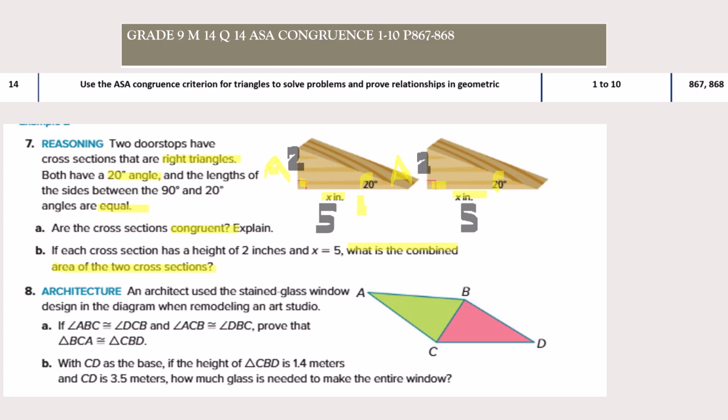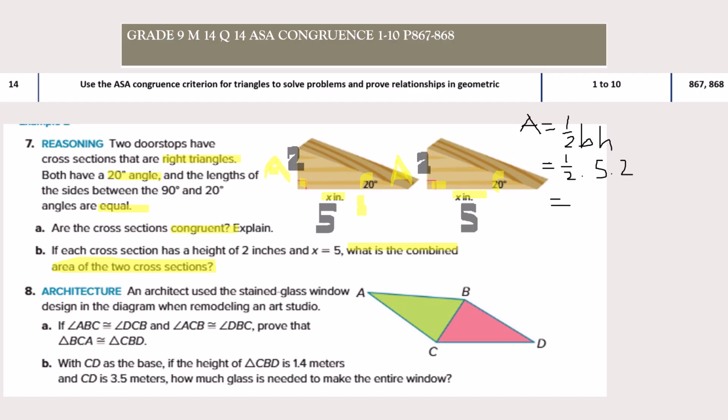And we know that to calculate area, we use a specific formula, which is A equals half base times height. If you substitute that and calculate, it will be half multiplied by your base, which is 5, multiplied by your height, which is 2.